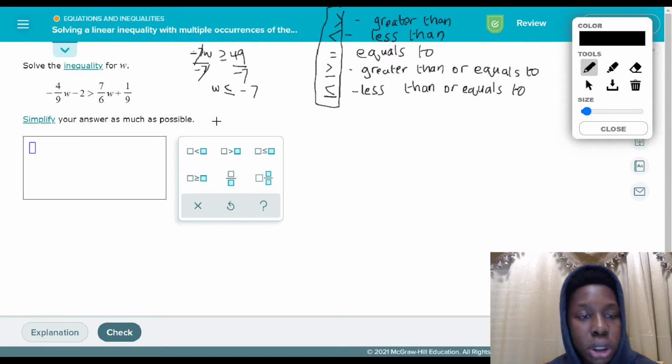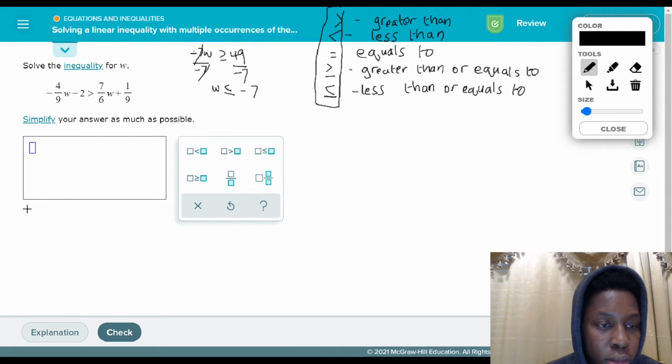Let's take a look at this. Remember, we'll solve this like any normal equation, so just pretend there's an equals sign here instead of this greater than sign. This is minus 4w over 9 minus 2 greater than 7w over 6 plus 1 over 9.